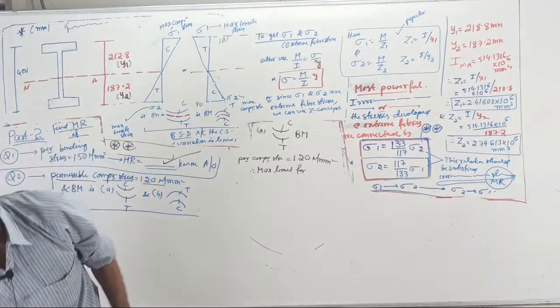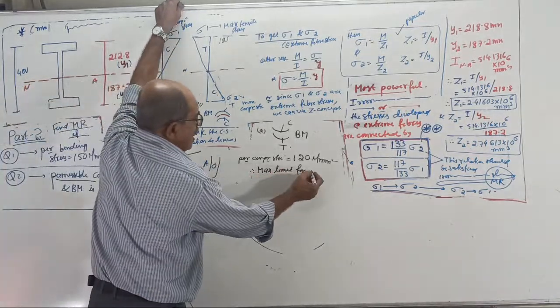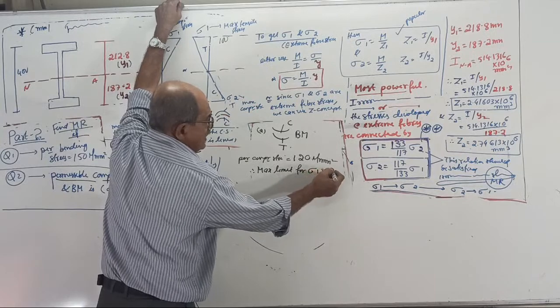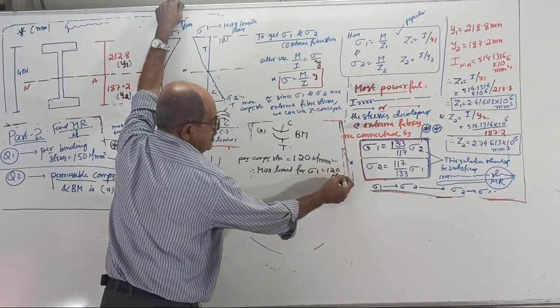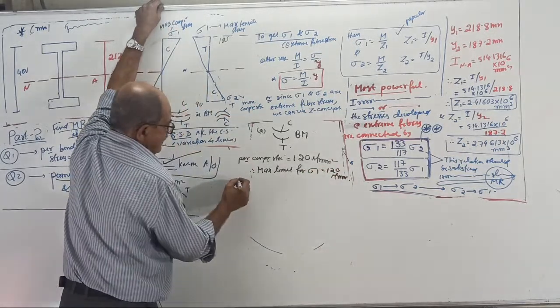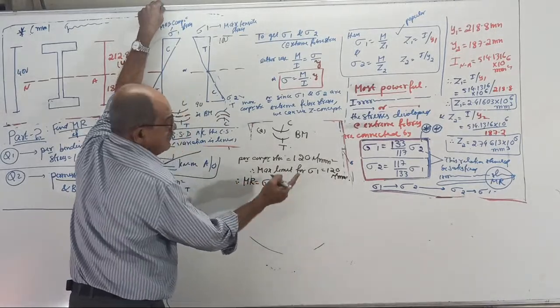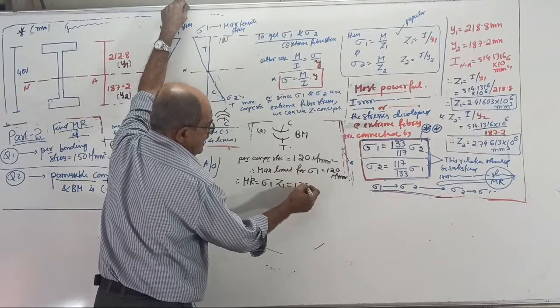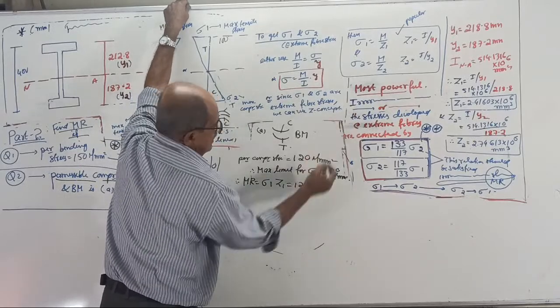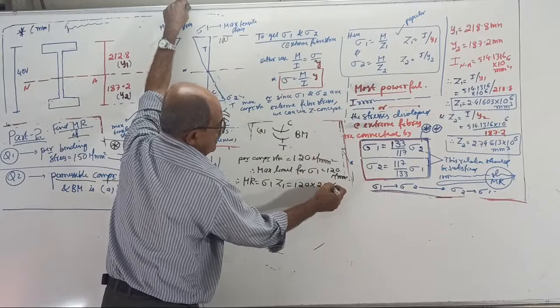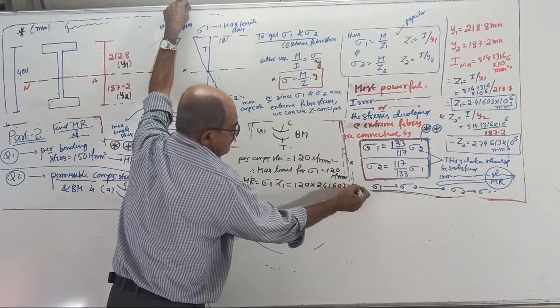So, maximum limit for sigma 1 is 120 Newton per mm square. That's all. Therefore, MR equal to sigma 1 into Z1. Sigma 1, 120 into Z1. Where is Z1? 2.41603 10 to the power 6.